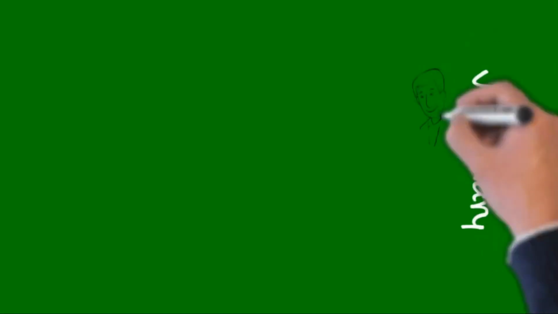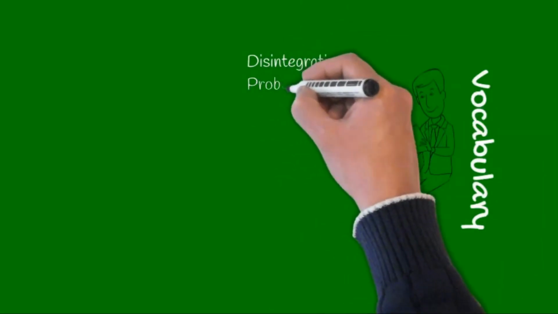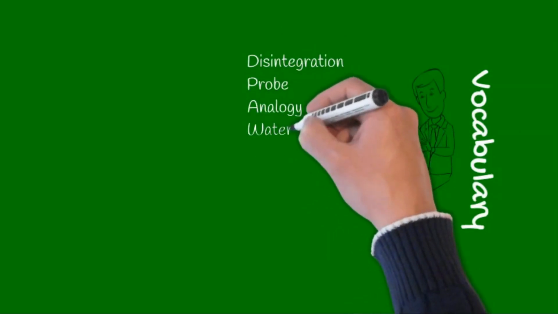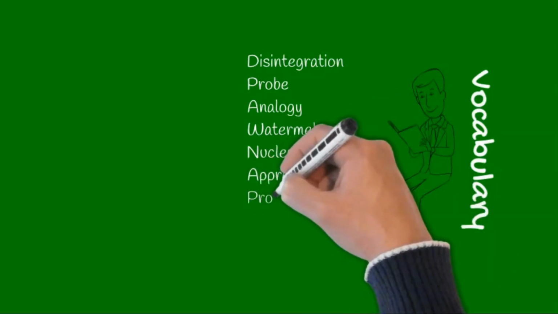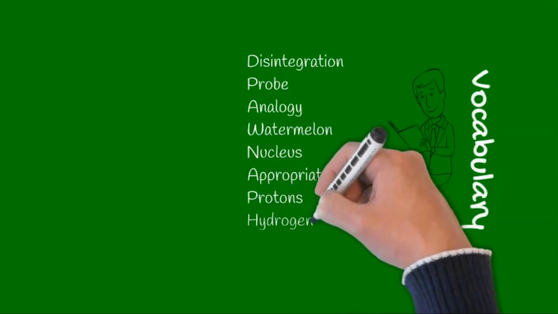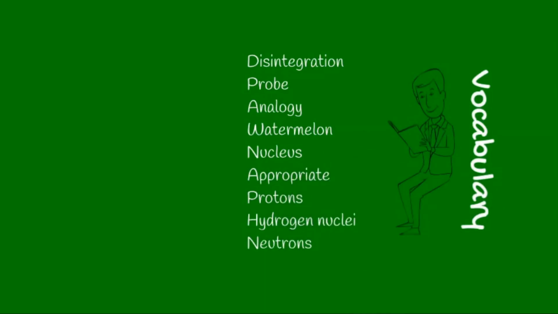Let's go to the vocabulary section. Good news, not too many for this particular story. Disintegration. Probe. Analogy. Watermelon.